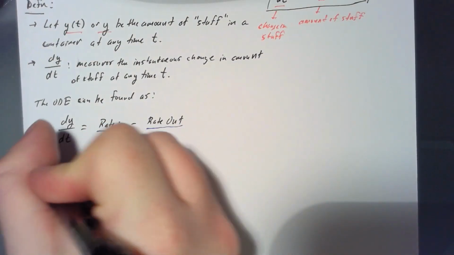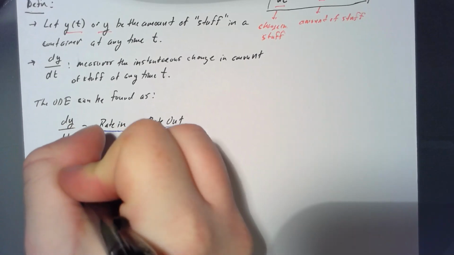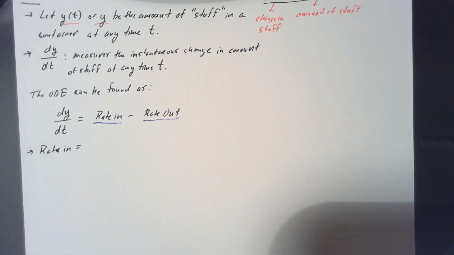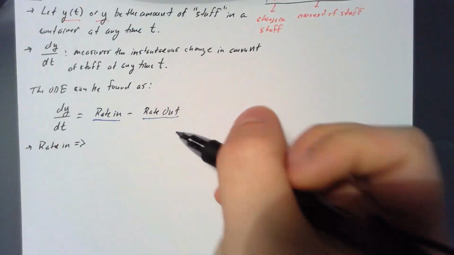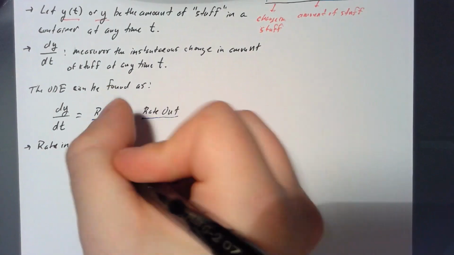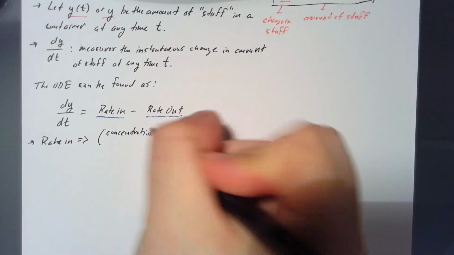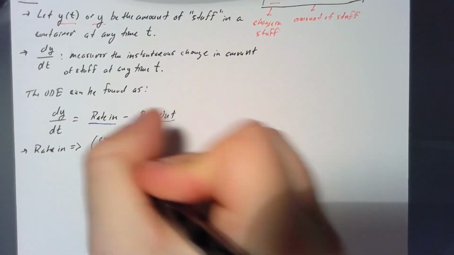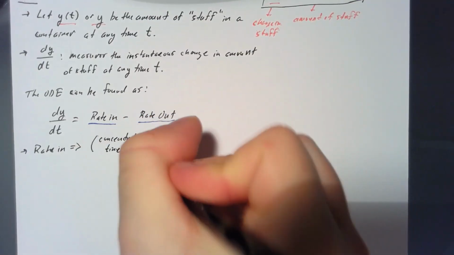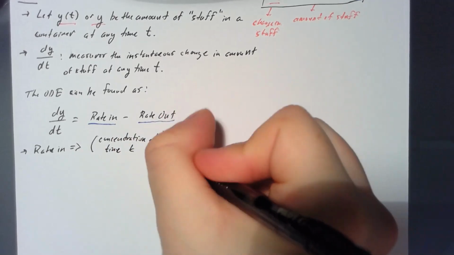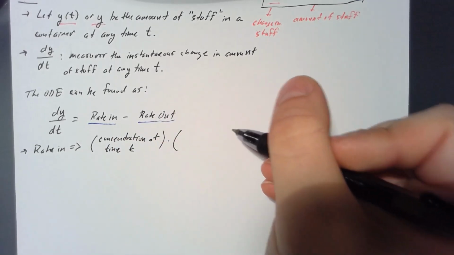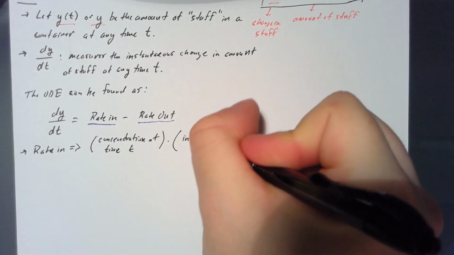Okay, so what is the rate in? So the rate in is the concentration at time t multiplied by the inflow rate.